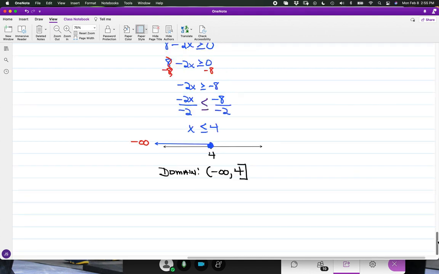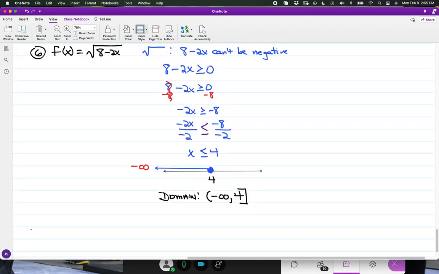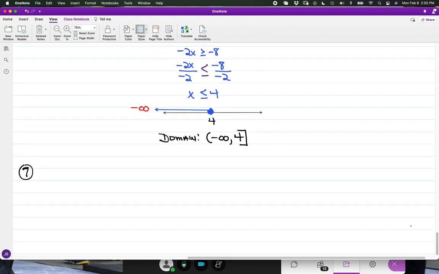And we'll say that f of x is equal to x minus 13 all over the square root of x plus 10.